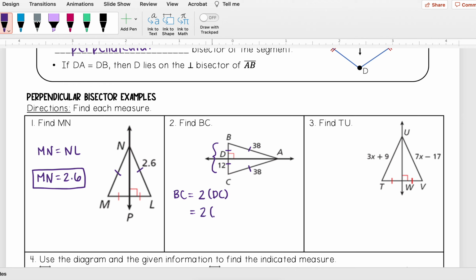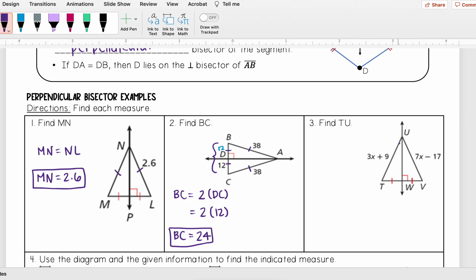So it's going to equal 2 times 12, and so BC is equal to 24. Another way you could have thought about that is that since these are both congruent, BD is equal to 12, and by our segment addition postulate, you could have just done 12 plus 12 to get that entire length, which is 24.